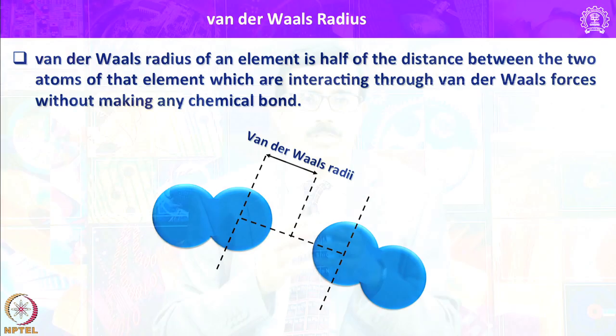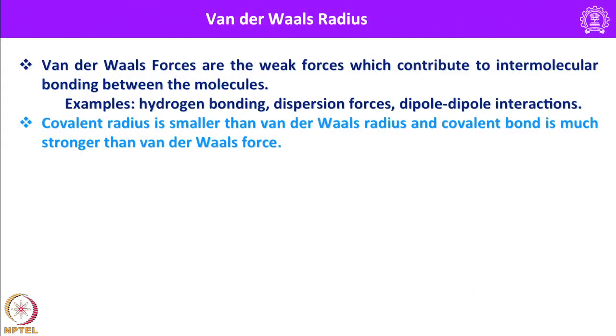Van der Waals forces are the weak forces which contribute to intermolecular bonding between molecules, for example hydrogen bonding, dispersion forces, dipole-dipole interactions, London forces, etc. The covalent radius is smaller than the van der Waals radius, and a covalent bond is much stronger than van der Waals forces.